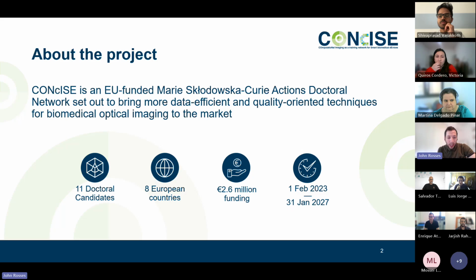We are totally 11 doctoral candidates, including myself, Jargis and Chiva, from 8 different European countries with a few funding to take this research approach.